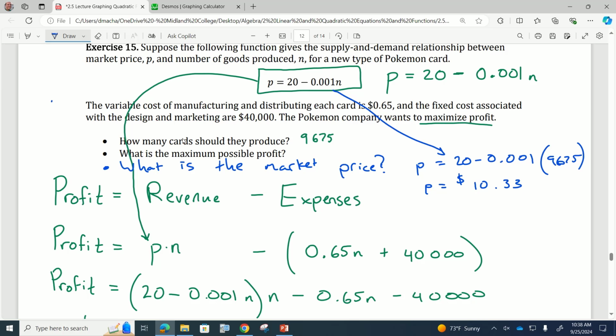Okay, so again, how many cards should they produce? About 9,000. If they were to make more cards, why would that reduce their profit? If they made and sold more cards, that's going to actually reduce their overall profit because their market price is decreasing. Collectors are willing to pay less money for the cards. And so they're selling them at a lower and lower price, but their fixed cost remains the same. Okay? The maximum possible profit was like $53,000, and the market price was $10.33.